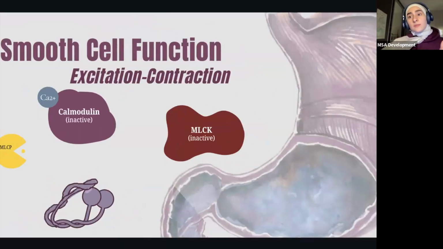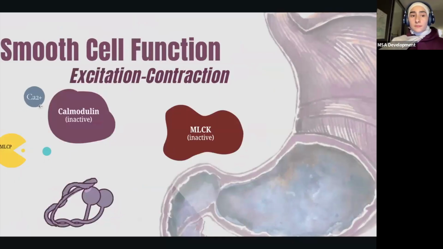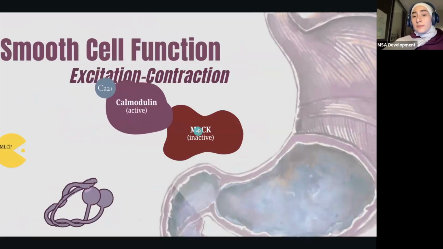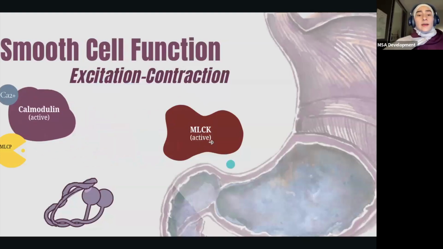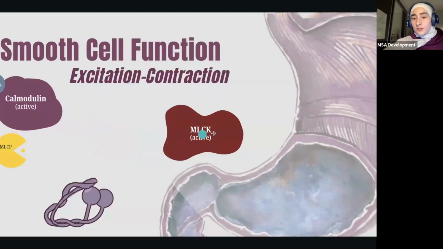So how do we activate that? This is also activated by calcium, just like in our cardiac and skeletal cells, but it's a different mechanism. You start off with calcium binding to calmodulin. Your calmodulin is initially inactive, but once calcium binds to it, it activates. Now, you're going to have a complex. Your calcium-calmodulin complex is going to go over to your MLCK, and it's going to activate it. MLCK is myosin light chain kinase. Now, as you know, a kinase is going to phosphorylate.